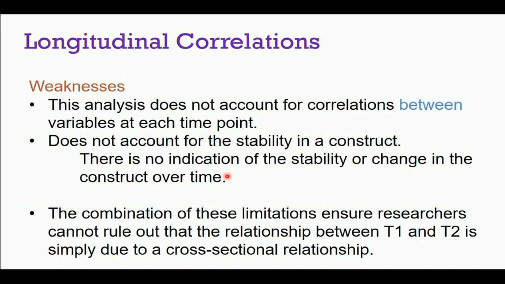Were they always druggies or did they become druggies? So that's the advantage of the simplex design, which you don't have with longitudinal correlations. Now, the combination of these limitations means researchers cannot completely rule out that a relationship between T1 and T2 is just due to a cross-sectional relationship and not a causal one. There are still people who would be so pedantic they will argue that's not sufficiently compelling. Very annoying.